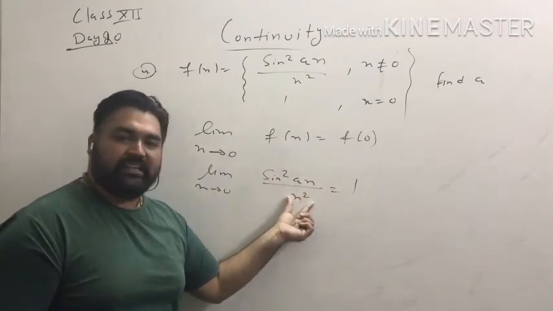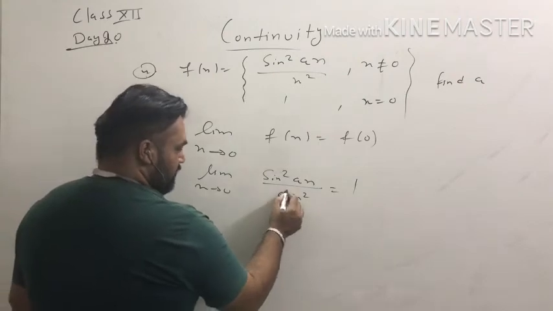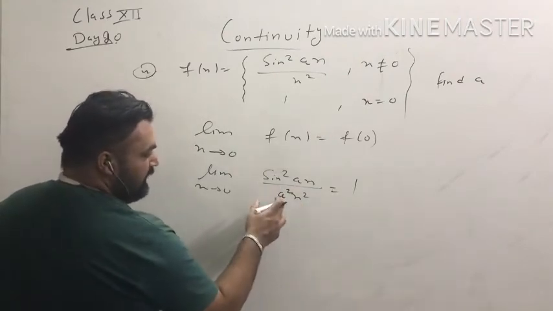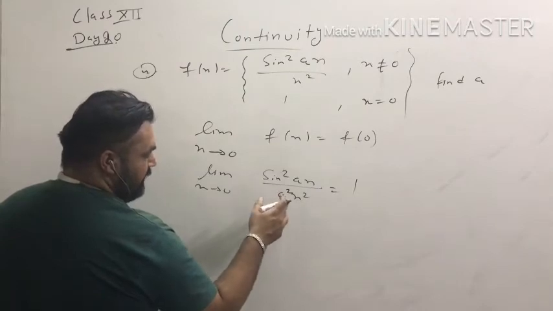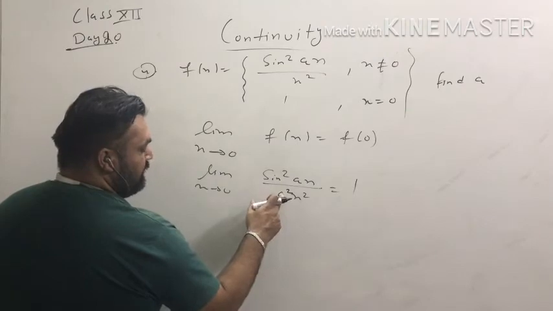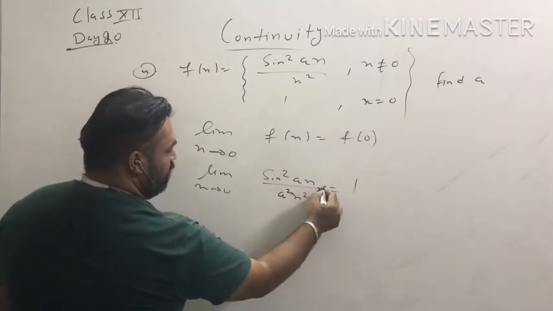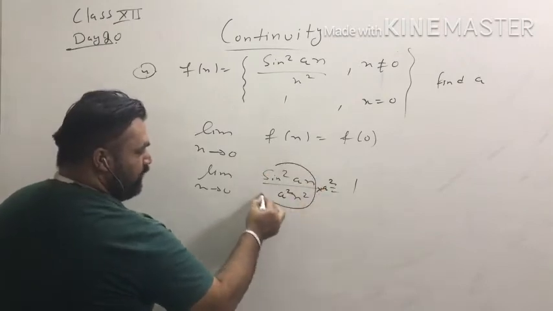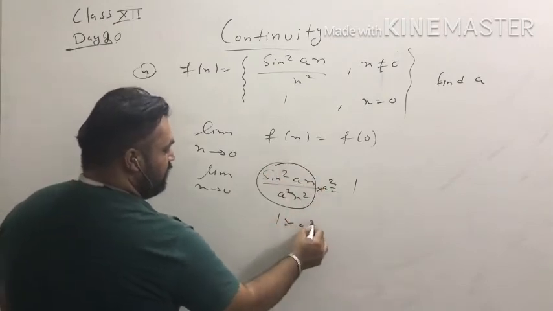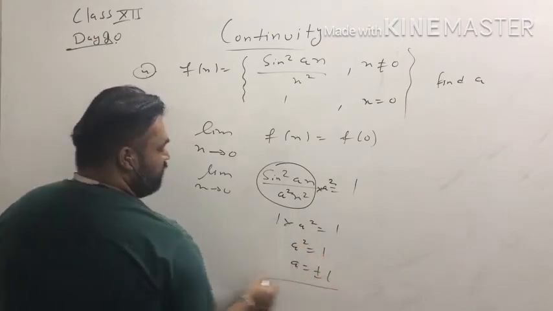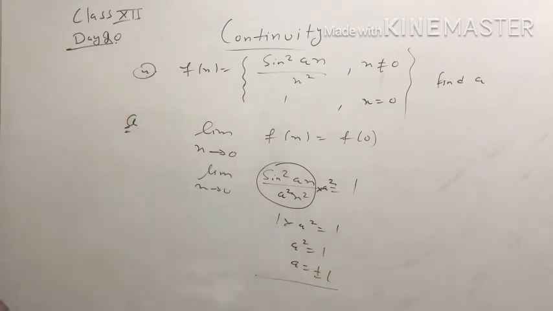In the denominator there is x². So we divide and multiply by a², and we get this equation. Now the value of this is 1 into a² equals 1, a² equals 1, a equals plus minus 1.